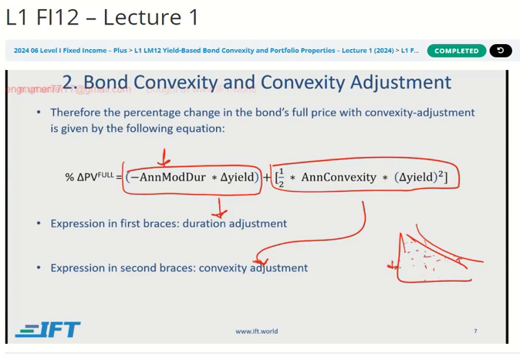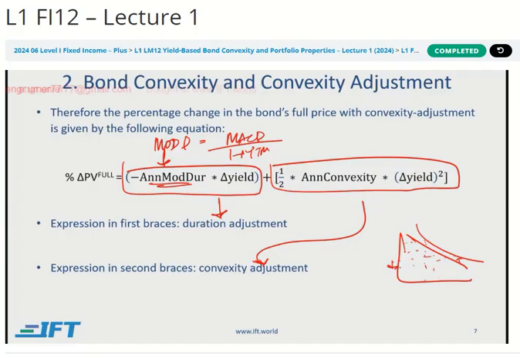Now let me just again refresh your memory: how are we calculating mod D? Well, mod D was coming from your MACD divided by 1 plus YTM. But MACD is a very complicated calculation. It takes time to calculate the weighted average number of years till you get your money back.